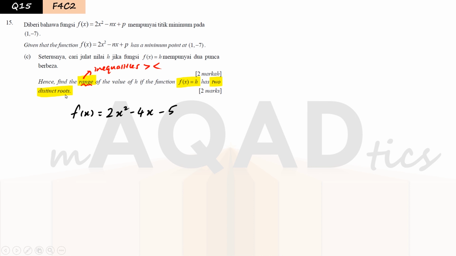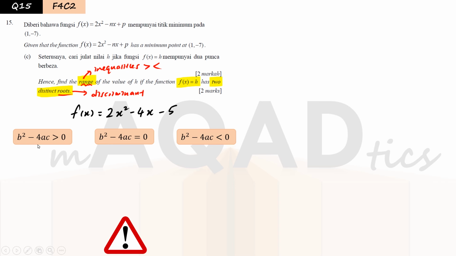So in the previous question, we also had a similar question. So if we see roots, it means we need to relate it to the discriminant. So the discriminant is this one, b squared minus 4ac.